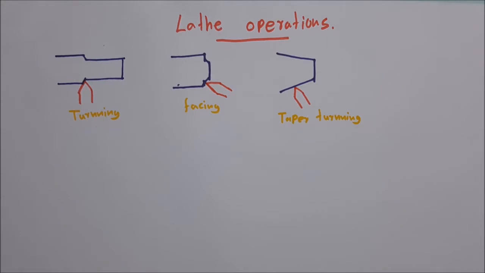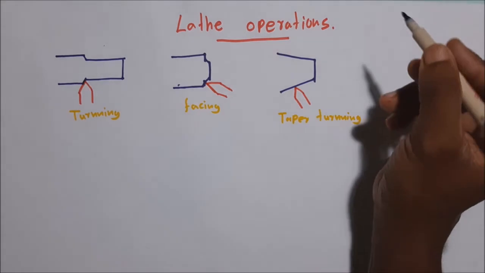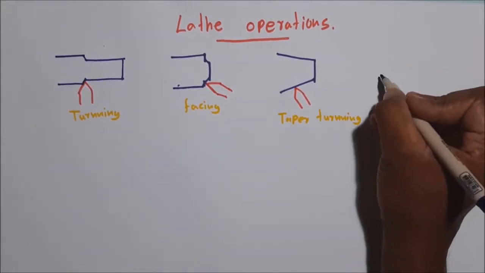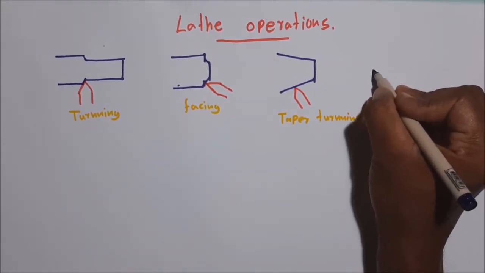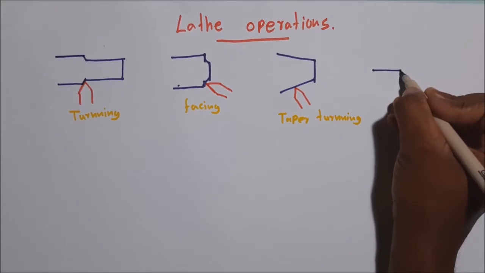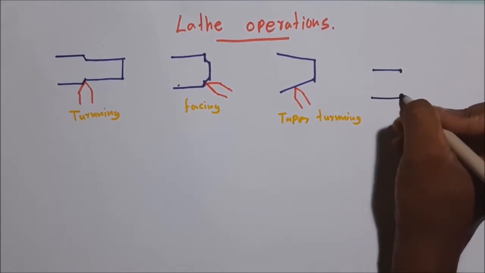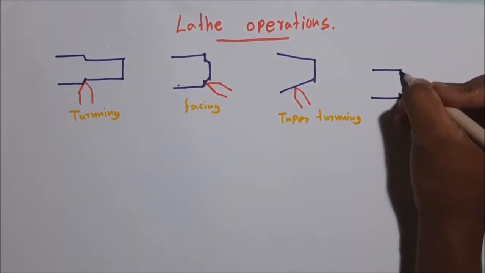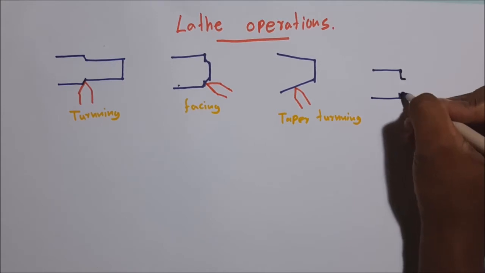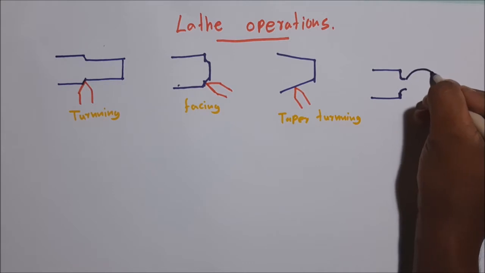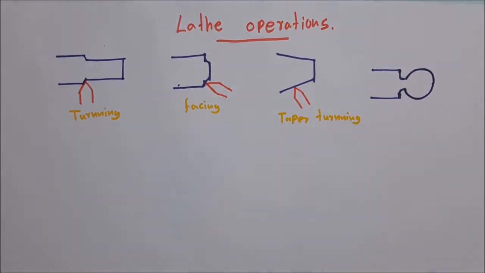Then the next operation is profiling. This turning operation is called profiling. It generates this kind of shape with the cutting tool.